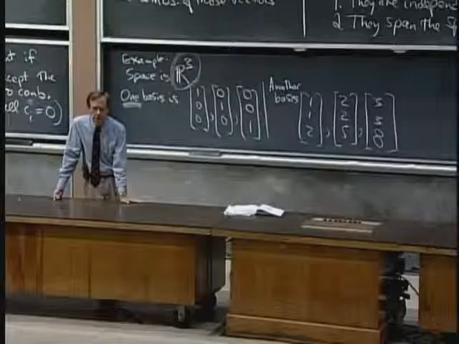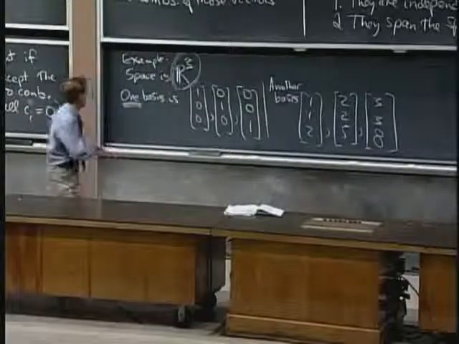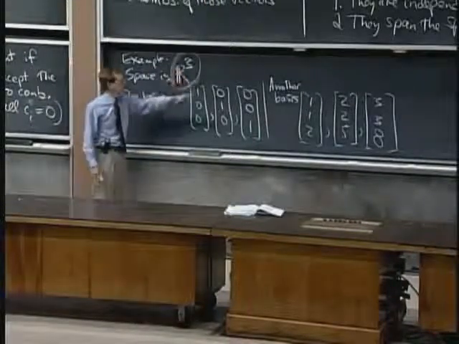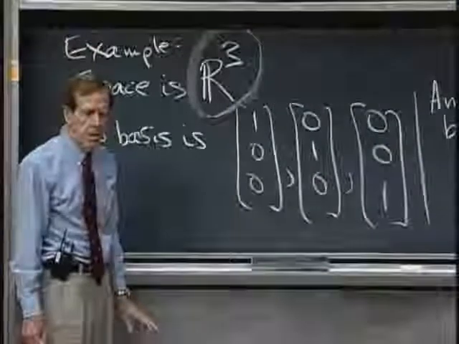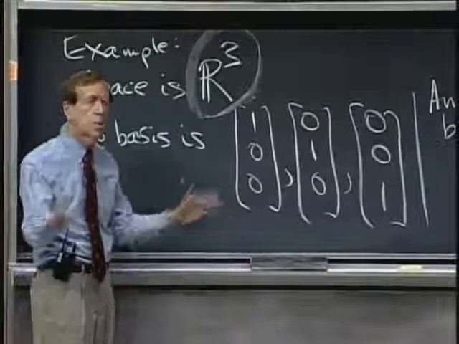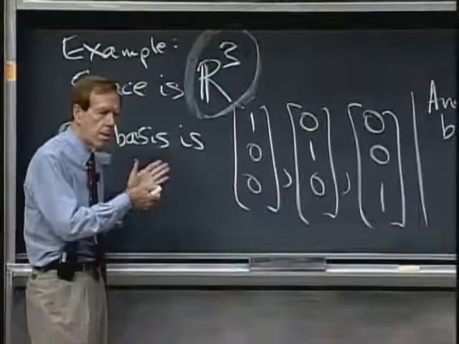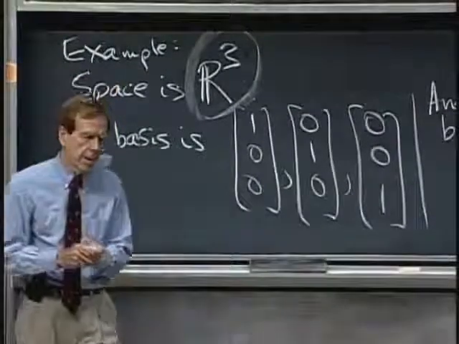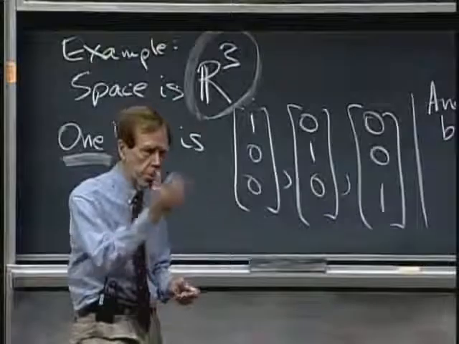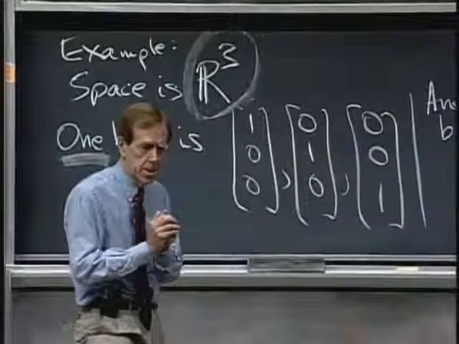In this case, when my space is R3 and I have 3 vectors, my matrix is square. What am I asking about that matrix in order for those columns to be a basis?